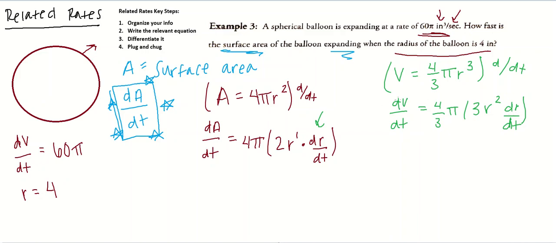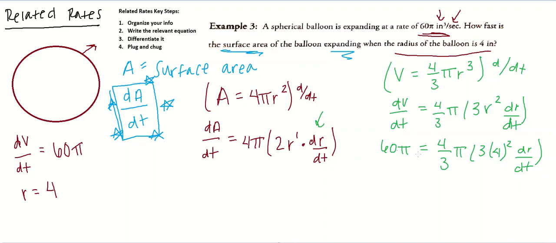So let's do that. So we know dV/dt is 60π, right? So we know 60π is going to be equal to 4/3 π times 3r², where r is 4, so we're going to have 4 times 4 squared, and then that is all times dr/dt.